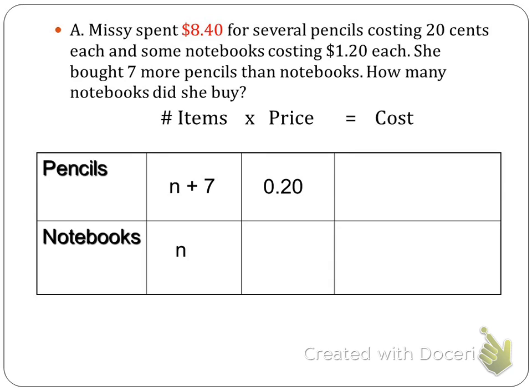Where did that part come from? That's how much the pencils are. So we're just following right along with this equation. Here's the number of items, N and N plus 7. The price per item, so 20 cents. And $1.20.